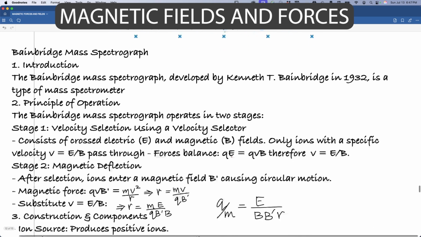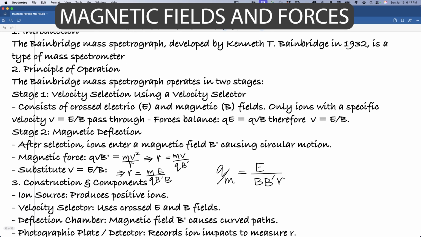Now, to do that formula, we have to remember that the centripetal force is now given by qvB', which is the new magnetic field, okay? And then we know this formula, so radius depends on the mass and the charge. And I've just rearranged it.